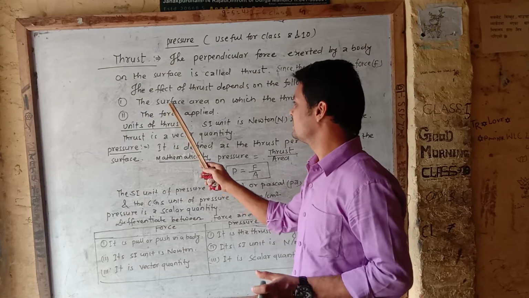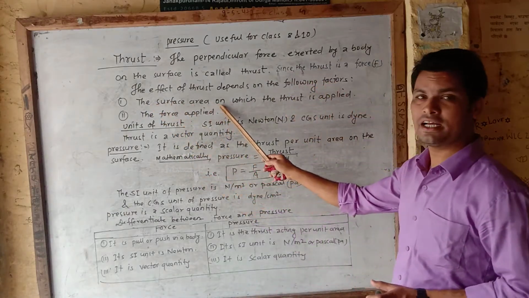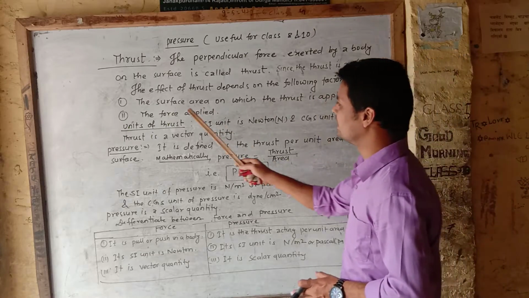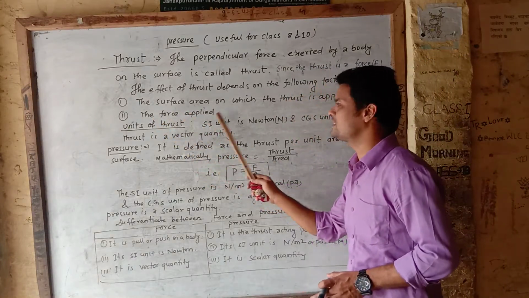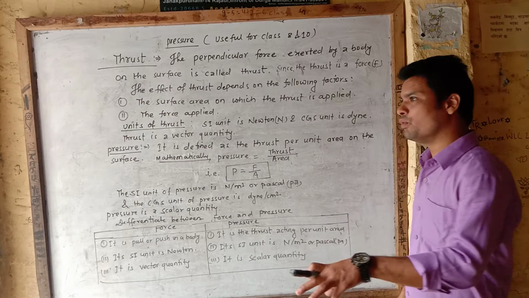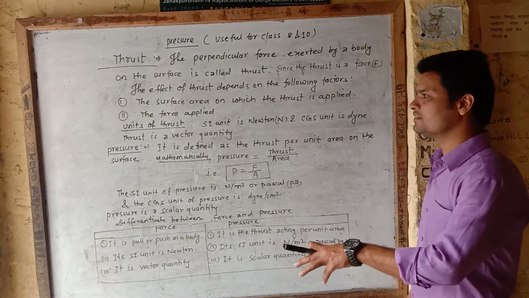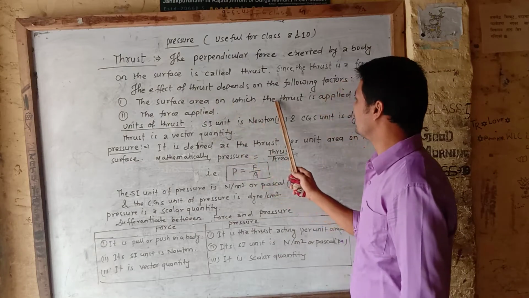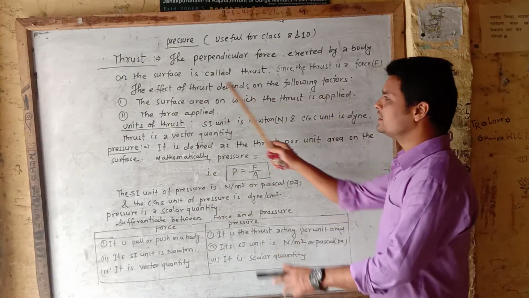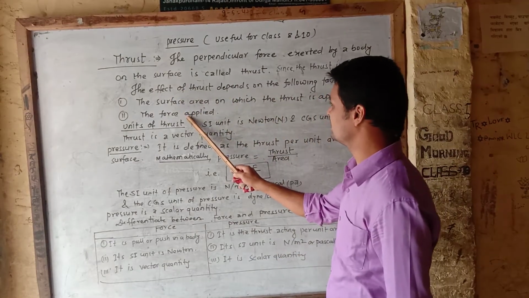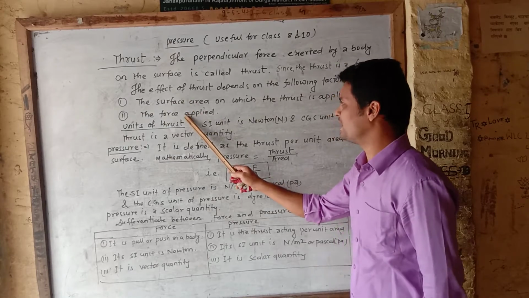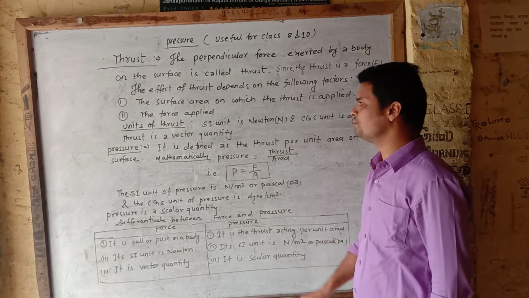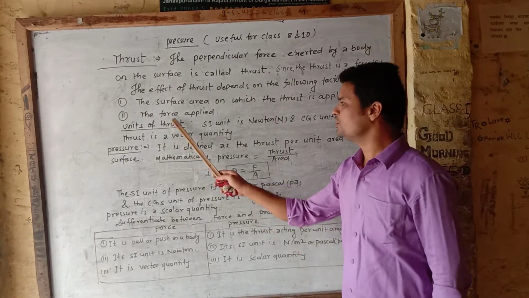The factors are the surface area on which the thrust is applied, and another is force applied. These two factors affect the thrust.